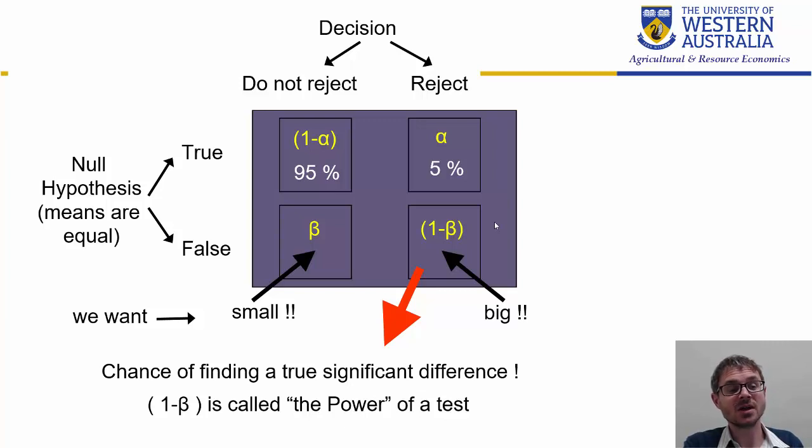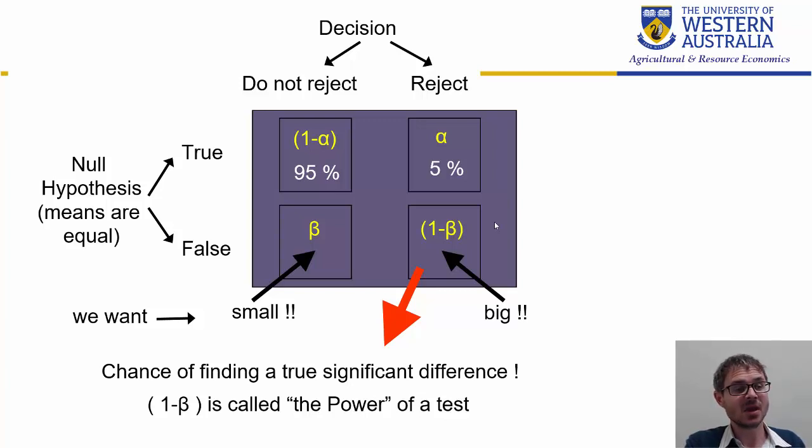By setting alpha at 0.05, you've been saying that when the null is true, there is a 5% chance that I will incorrectly reject the null. So you think, well, that's a strange thing to be doing, but we've got to strike some balance, okay? So most of the time, in fact, 95% of the time, we would be thinking if the null is true, we would be not rejecting the null.